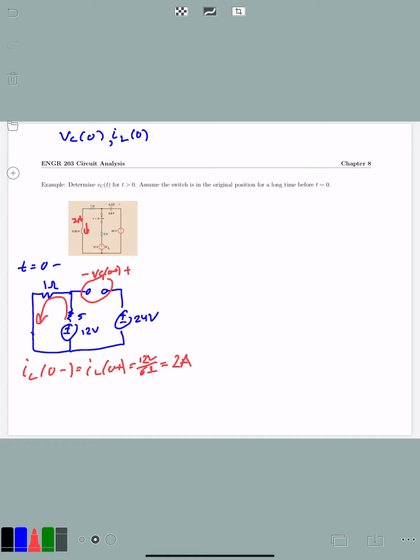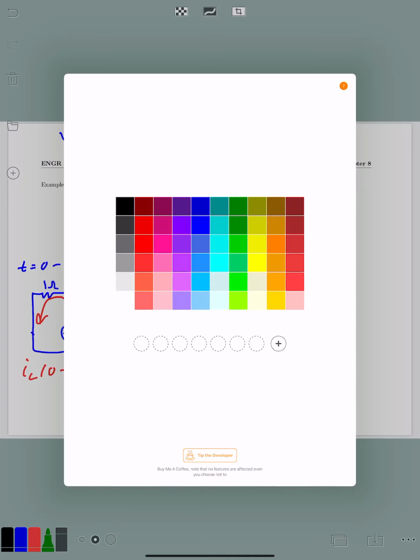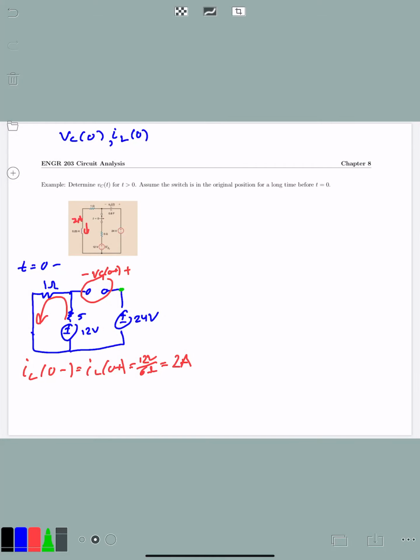Now I do know that the right side of this, if I call this ground, that will be 24 volts. And so I need to find the voltage of this other node here. Well, that voltage in the other node is the same as the voltage across the 1 ohm resistor. And by voltage divider, we can do that.